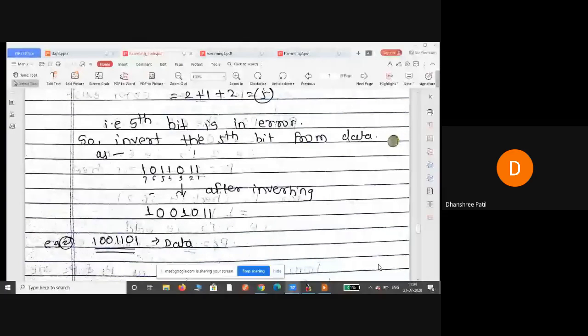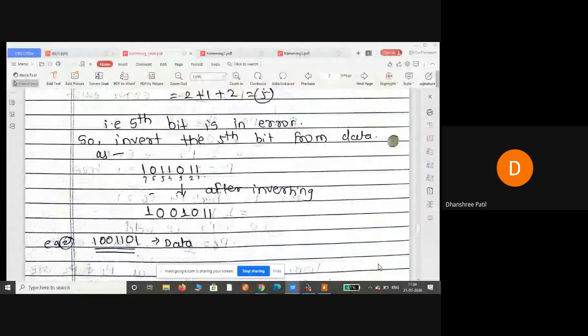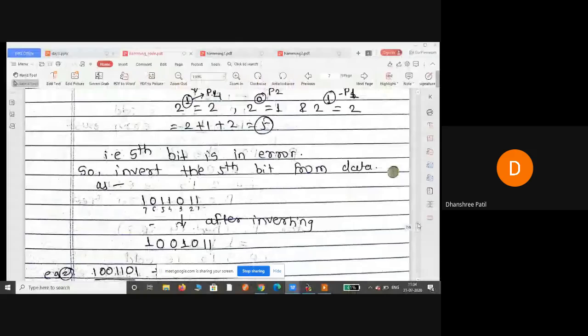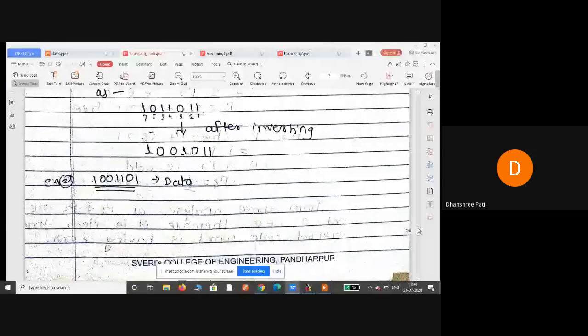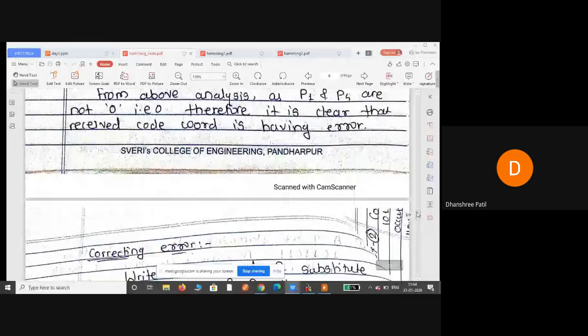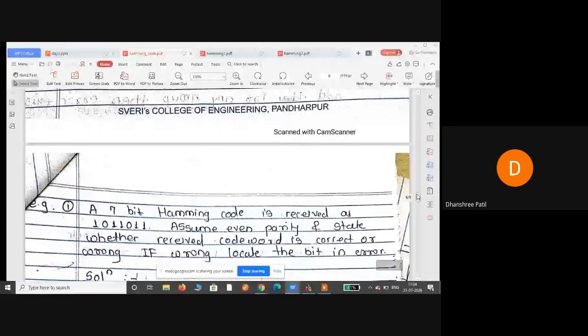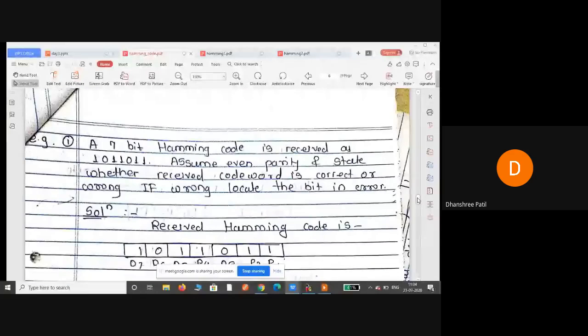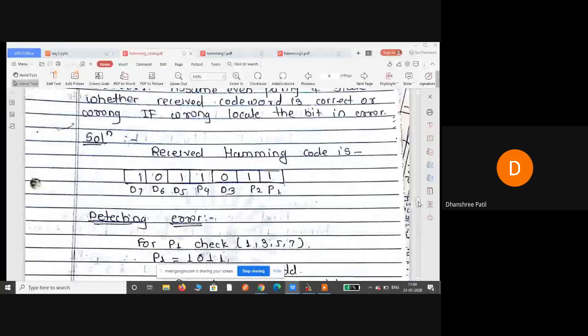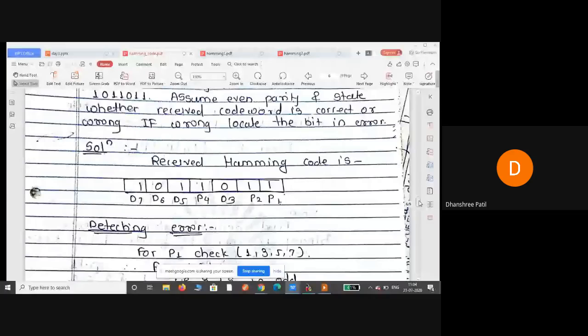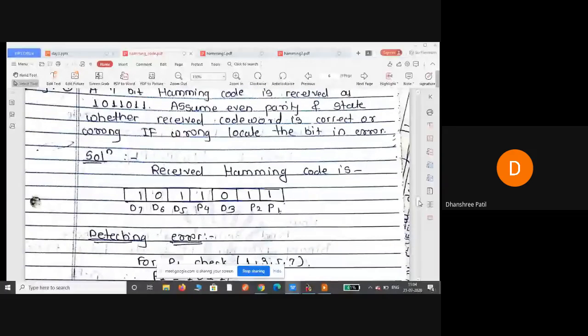Okay, the example. Okay, so I will explain again. First, let me know whether all of you have understood how to generate, how to construct the Hamming code, whatever I explained in the earlier example.